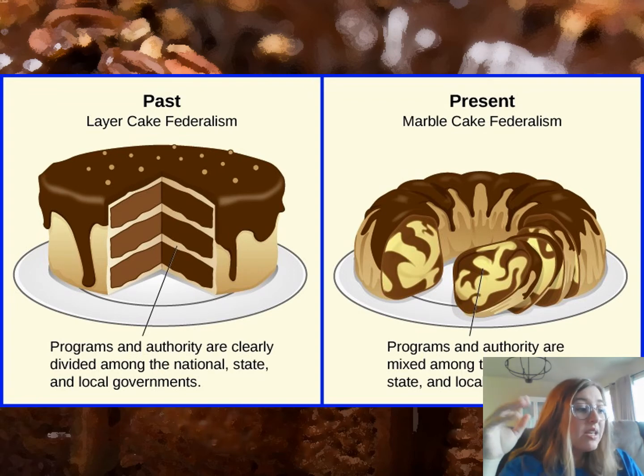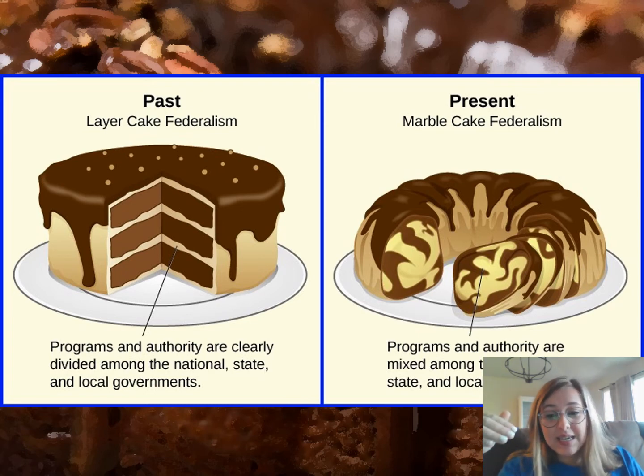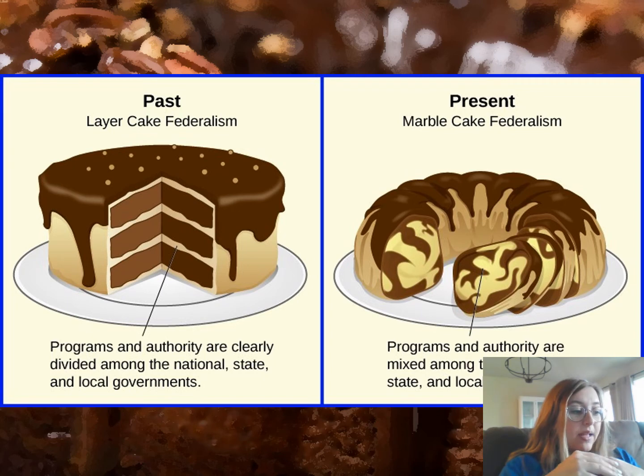Now, what we see start to happen in practice is cooperative federalism or marble cake federalism, which basically says that programs and authority are really mixed. There's not a clear divide amongst state, national, and local governments.